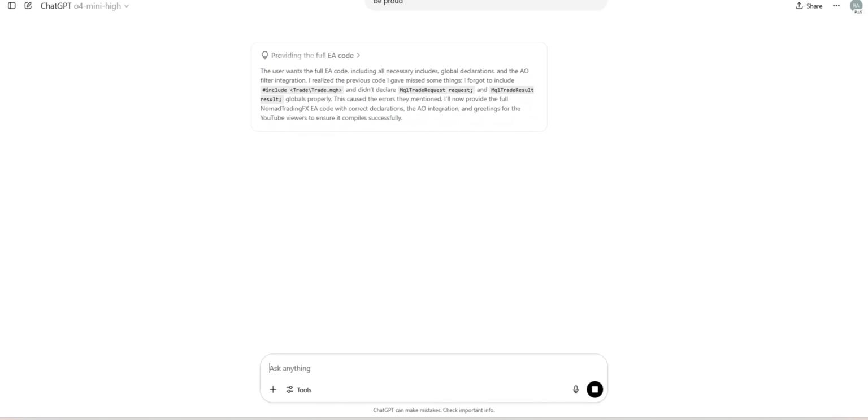Like, if all the AI is going to take all of our jobs, it needs to step up the game. Like, it's crazy. And yes, I know there are some AIs that are better at some kinds of stuff in coding, but overall, ChatGPT o4-mini-high is not bad at all.